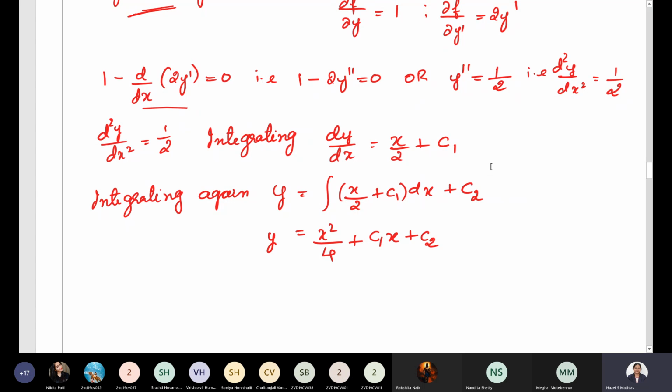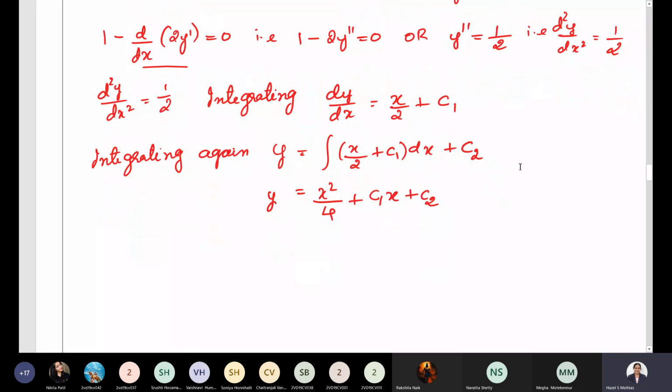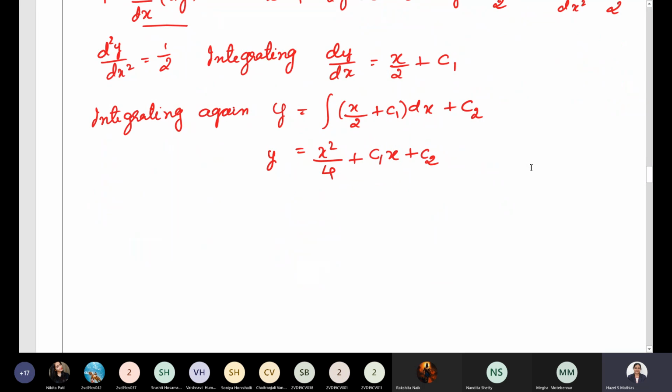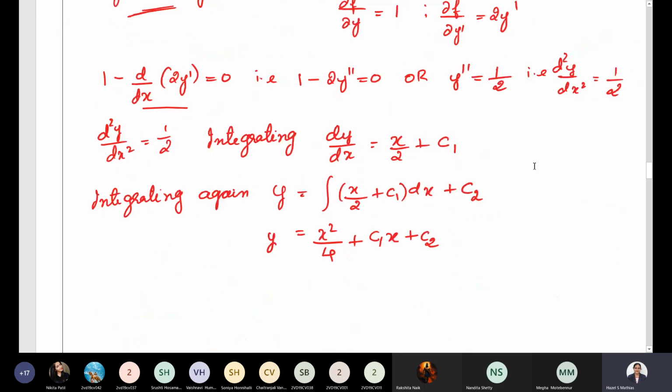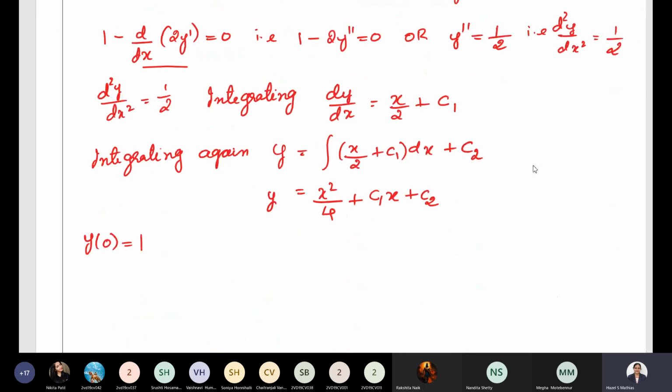Okay, so we got a curve y. Now we have to use the conditions. What are the conditions? Here it is given: y of 0 equal to 1 and y of 1 equal to 2. So first one, y of 0 equal to 1. When x is 0, the value of y is 1. So 1 equals x square by 4, which is 0, plus c1 into 0, that is plus c2.